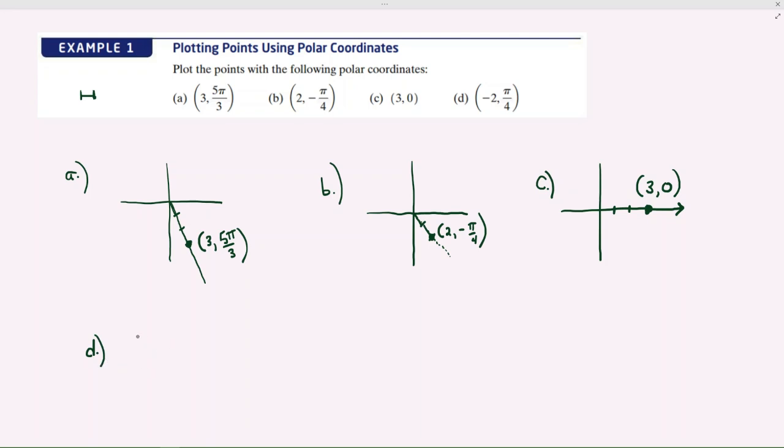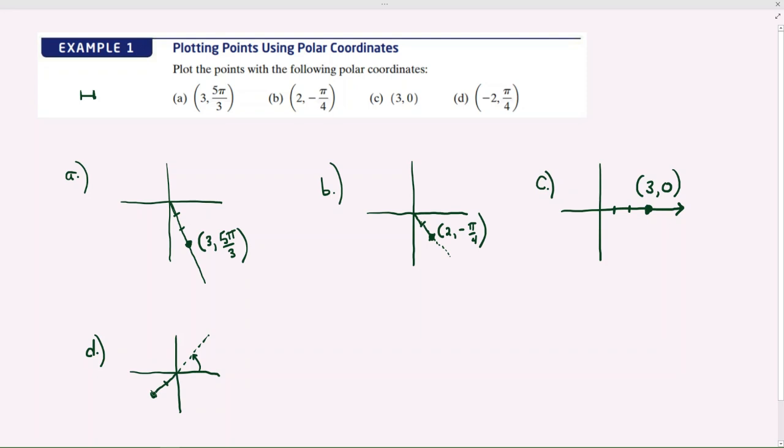Part D here, our start angle is at pi over 4, but we're going a negative distance, so that makes it the opposite direction, 2 units.